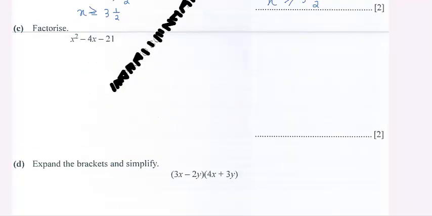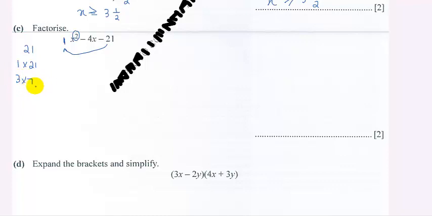The next one is a quadratic expression because the highest power is 2. So we have to factorize. The coefficient of x squared is 1, so I will multiply this 21 with this 1, 21. The factors are 21 times 1 is 21, 3 times 7 is 21.